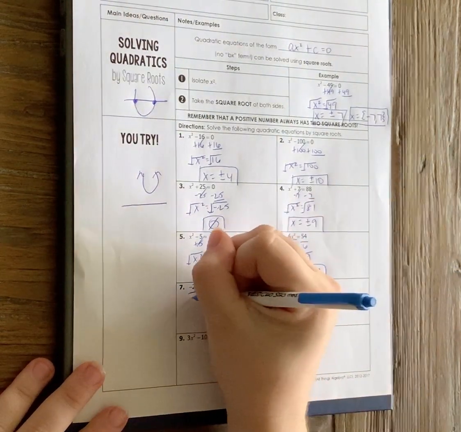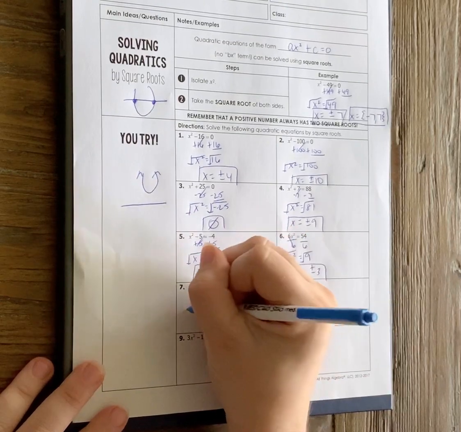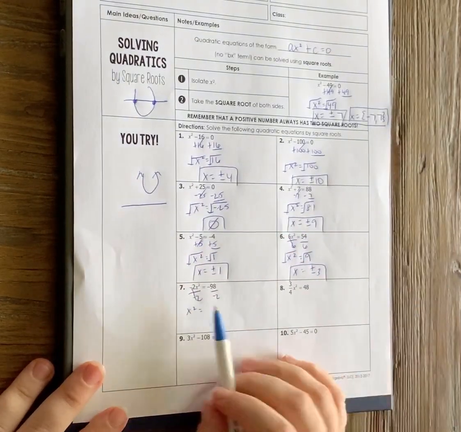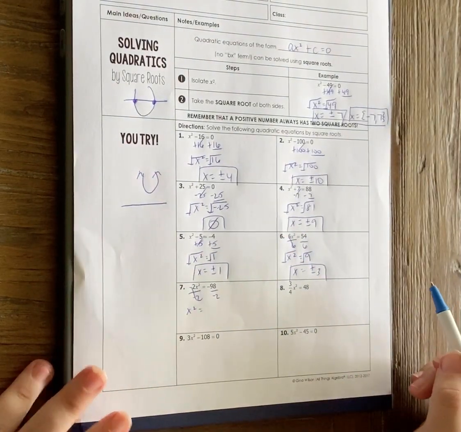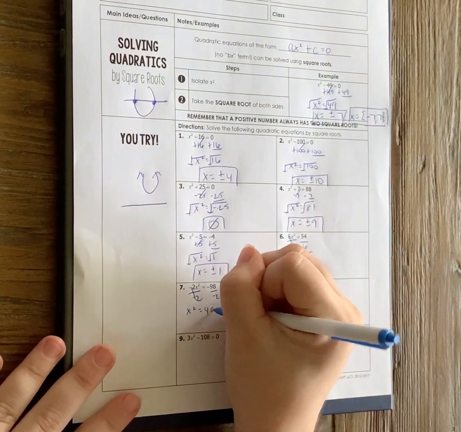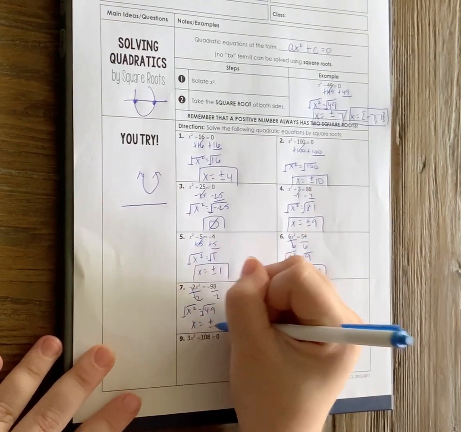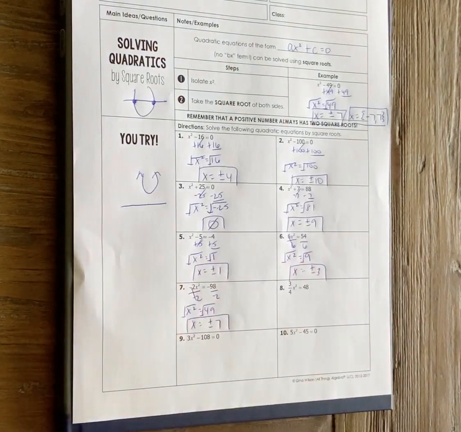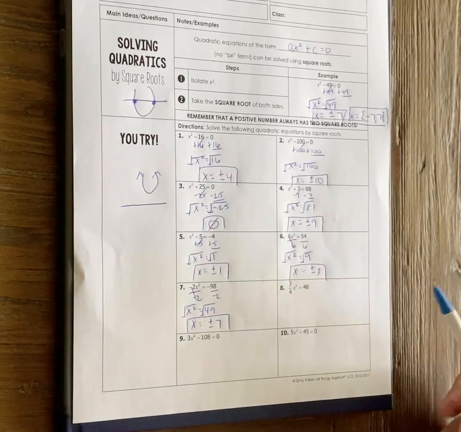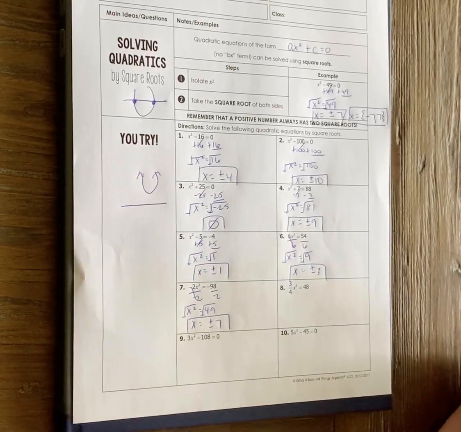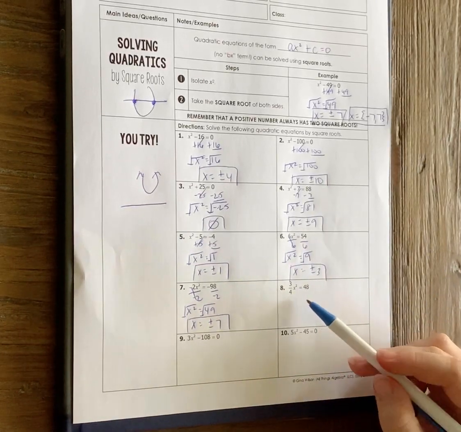Number 7, divide by -2. X squared equals -98 divided by -2, which is 49. Take the square root of both sides. X equals plus or minus 7. Okay, number 8. You can't divide by a fraction, so instead you have to multiply by the reciprocal.